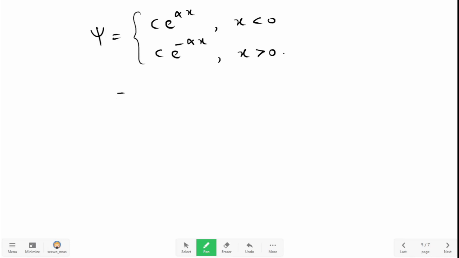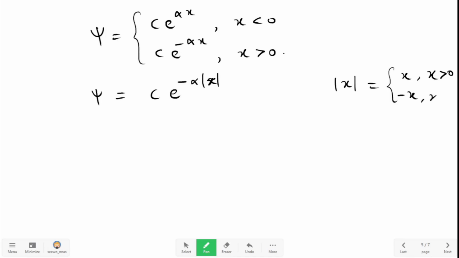Now this can be written using the modulus as C e raised to minus alpha modulus of x, because modulus of x is equal to x for x greater than 0, and it is minus x for x less than 0.